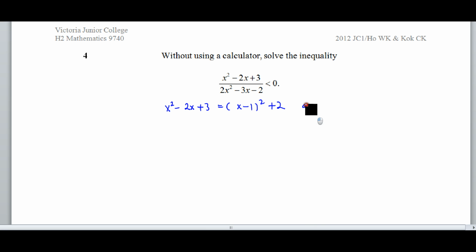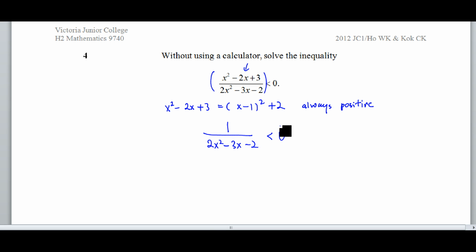Complete the square and you say it's always positive. Now, if it is always positive, it will not affect the sign of this entire fraction, which means you are as good as solving 1 over 2x squared minus 3x minus 2 smaller than 0.